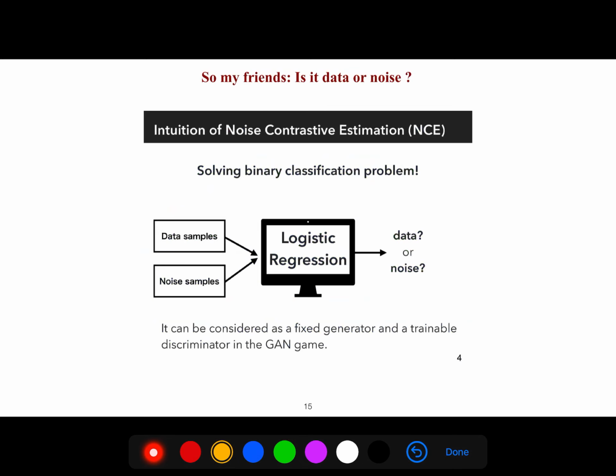The idea of noise contrastive estimation is that we discriminate between data and noise, and the motivation behind this is that we turn the problem into a supervised learning problem.